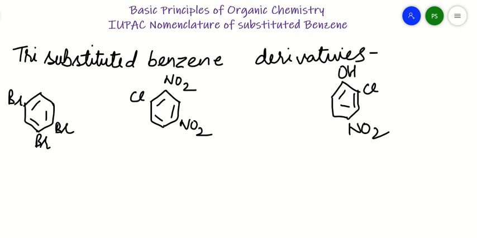For the first compound, this is position number 1, this is 2, this is 3, and this would be 4, 5 and 6.